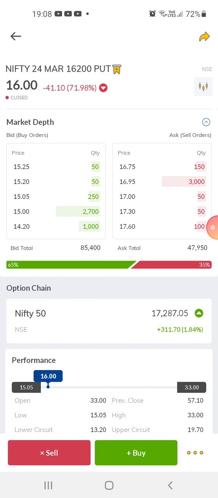I usually prefer Nifty. I do some trades, my targets are not very high, so I keep very low targets, and I also keep my risk low. Nifty is a benchmark index for Bank Nifty.